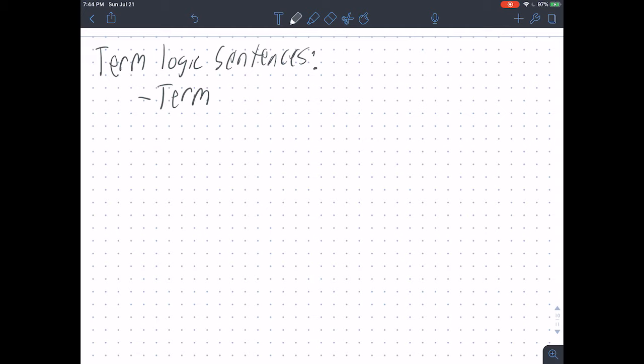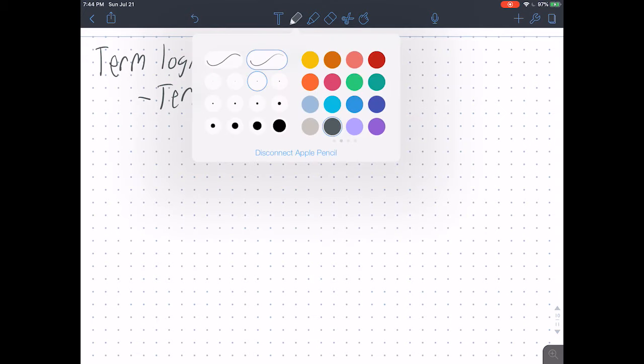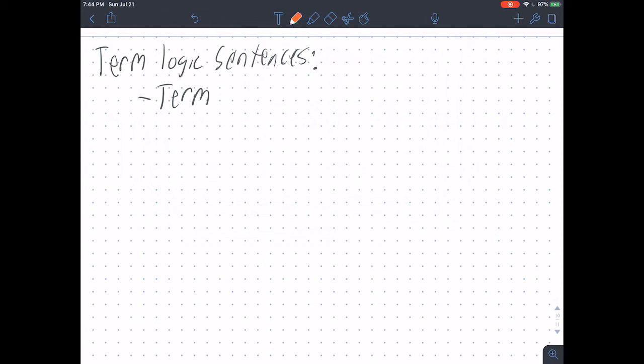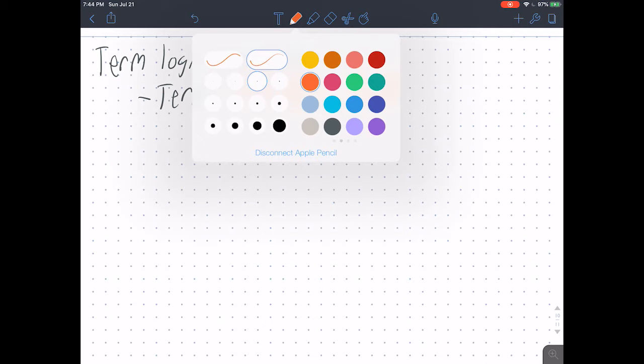We represent terms with capital letters, like P or Q or R or S or A or B. A term is not a statement.